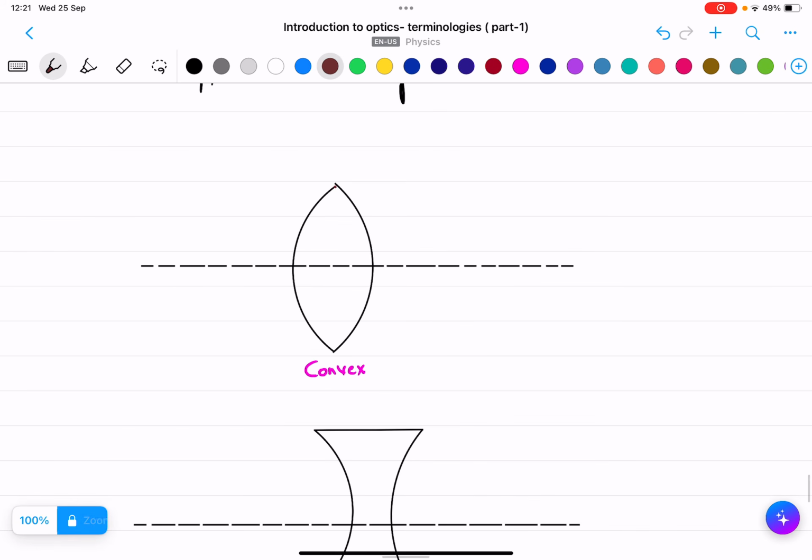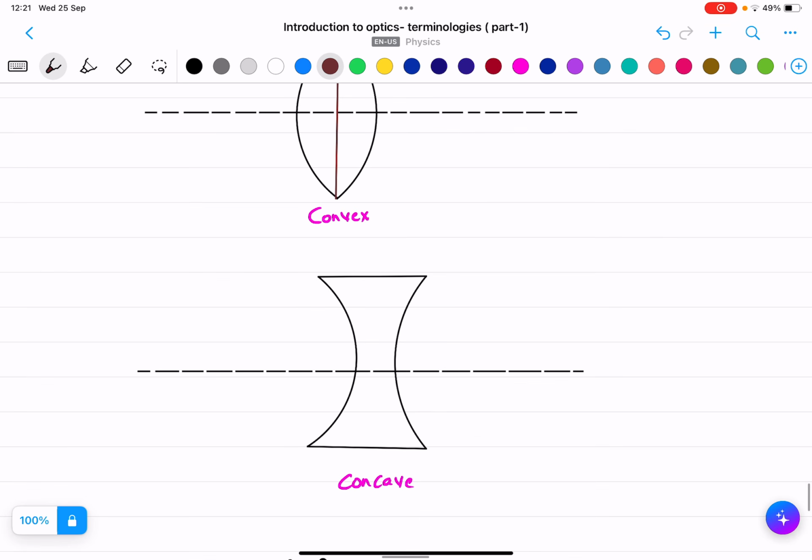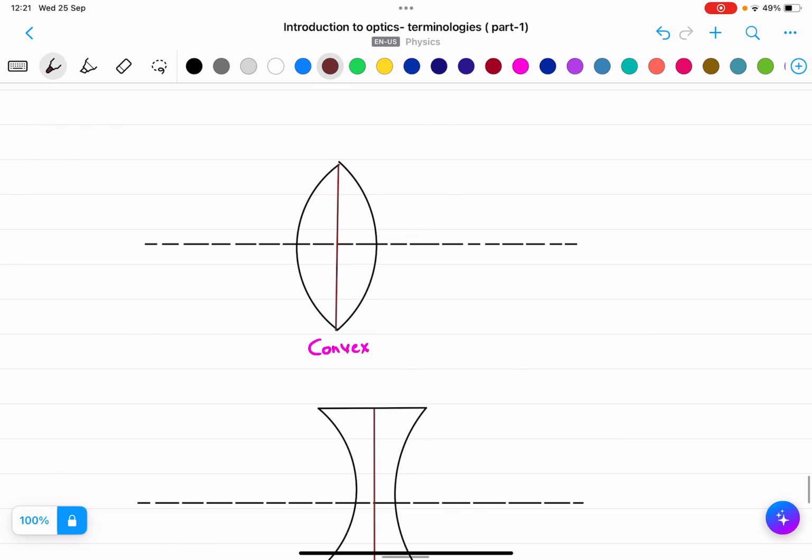Always remember, when I'm talking about convex, concave, just make a line in the middle like this. Now, when the rays are parallel, suppose I'm just drawing this line here. This ray is incident and it will bend.